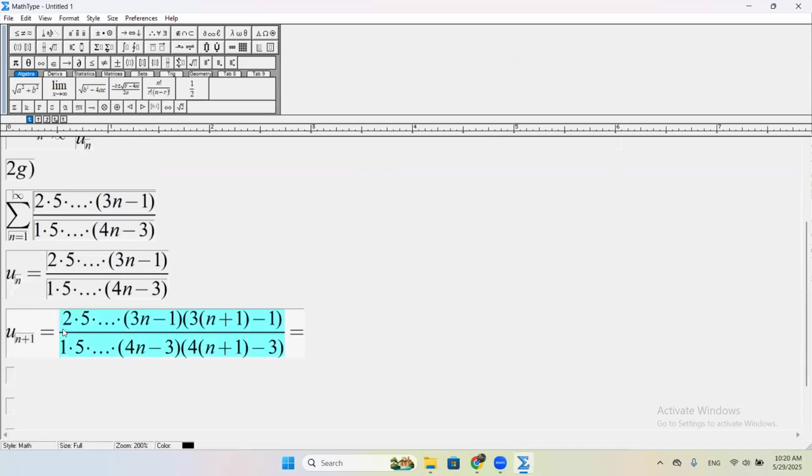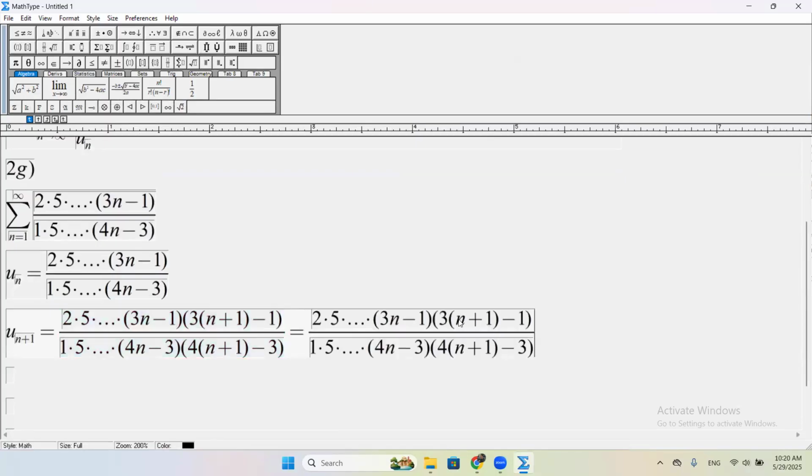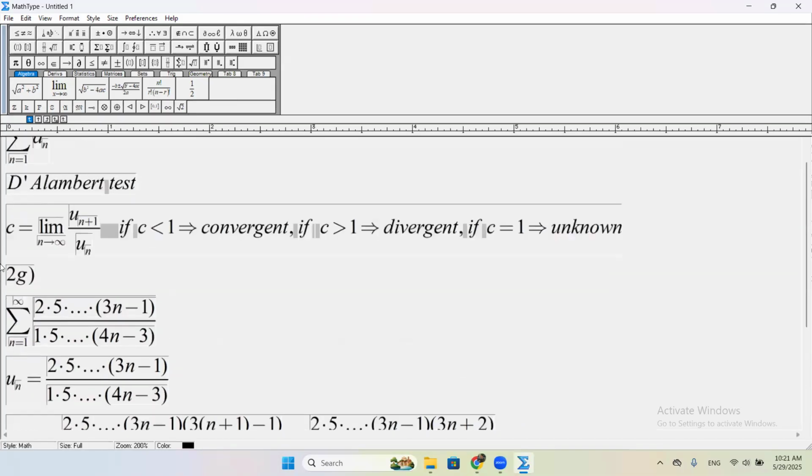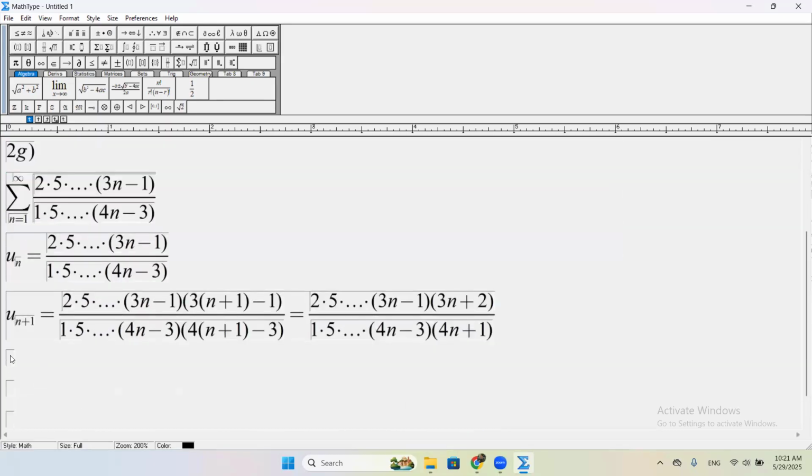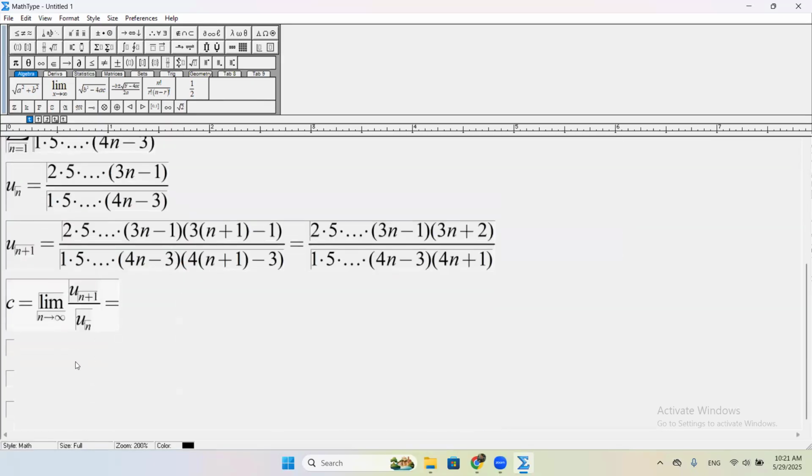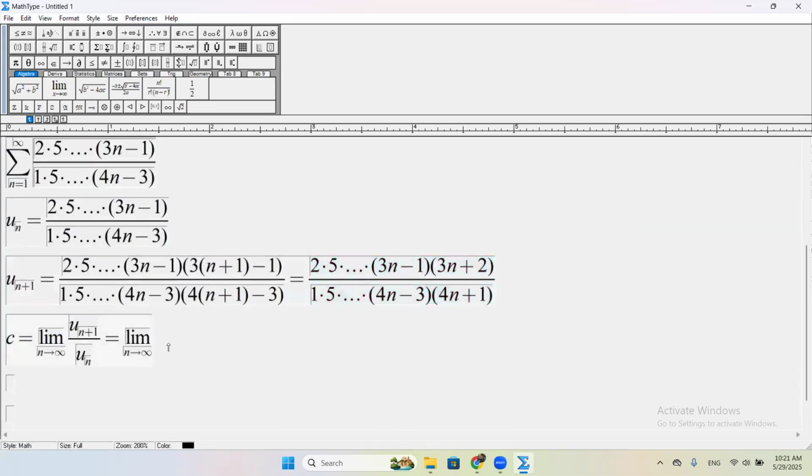So rewriting it, simplifying. So here we'll have 3n plus 2, and here 4n plus 1. So done with it. Now let's calculate the limit of u(n plus 1) divided by un.